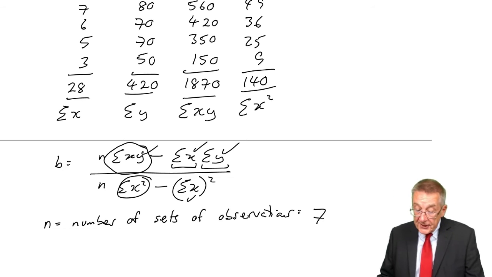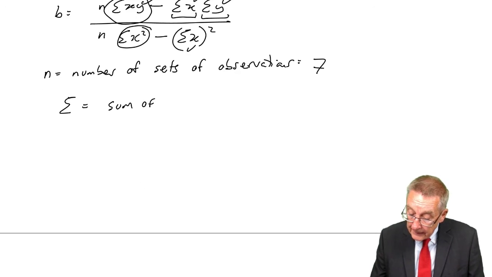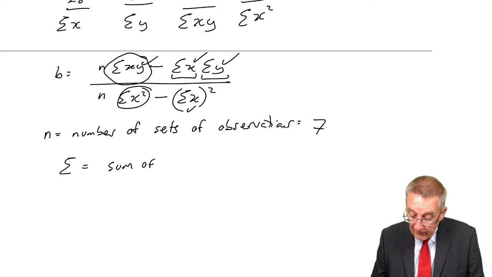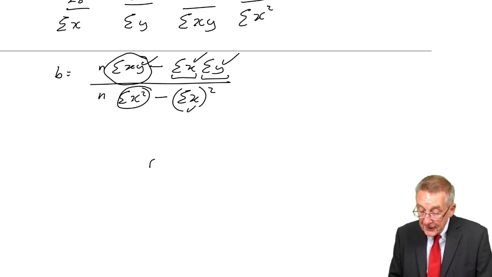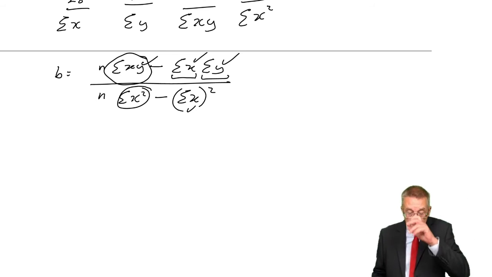So now let's stick them in the formula. I'm going to erase this, and I've got room because I need to be able to see the figures. I don't want to keep going up and down.